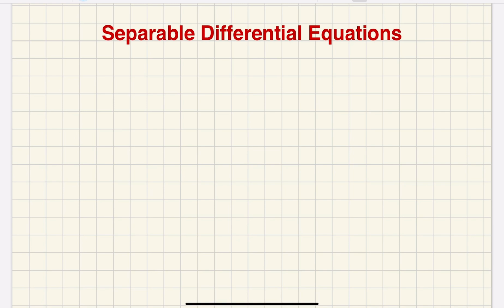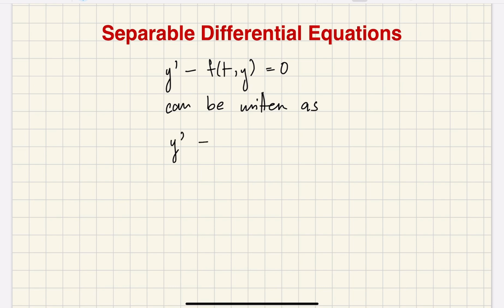If a first order differential equation of this form, y prime minus f of t, y is equal to 0, can be written as y prime minus b of t times c of y is equal to 0, we say that it is a separable differential equation.